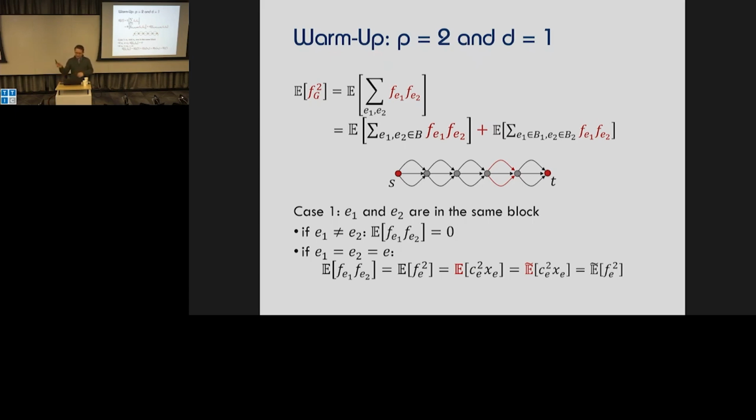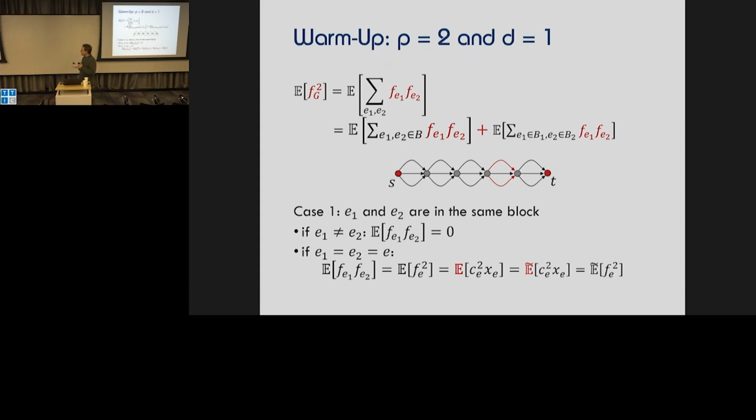So let's write what the expected cost squared is. It's equal to the sum over e1 and e2 of f_e1 f_e2. And now we split the sum into two sums.